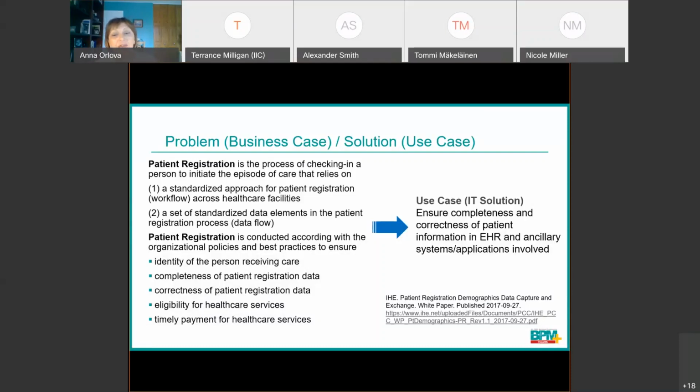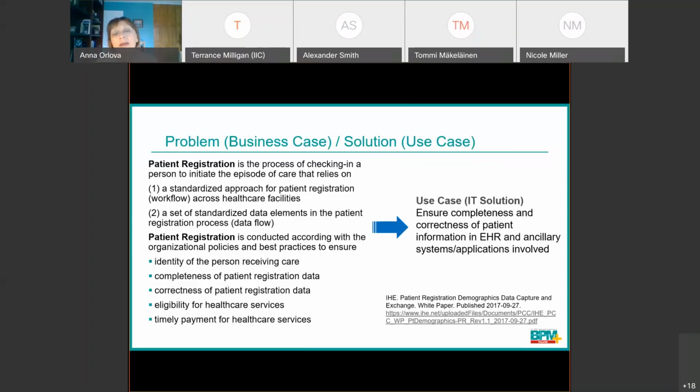Lee suggested to work on a patient registration demographic data capture project, and that was the project that Lee Wise, Nicole Miller, and myself worked on during our tenure at the American Health Information Management Association, when we collaborated with Integrating the Healthcare Enterprise, IHE, when we published this white paper with the workflow and data categories needed to support the patient registration process.